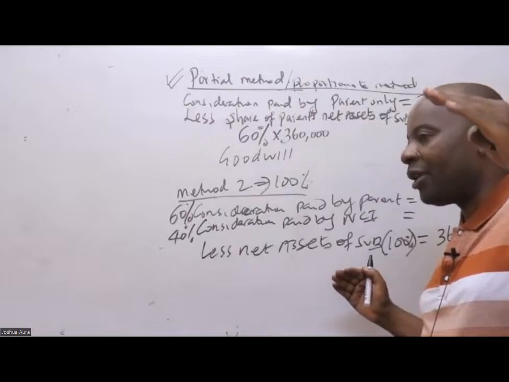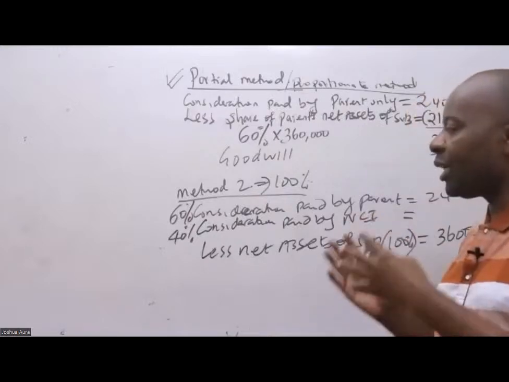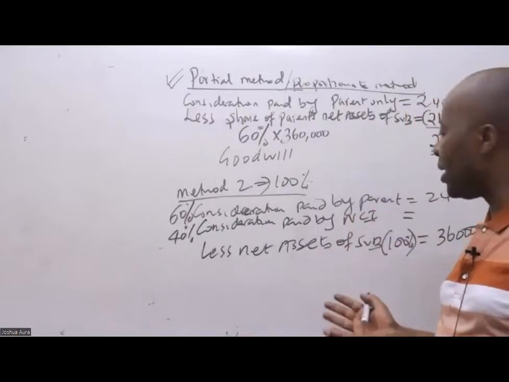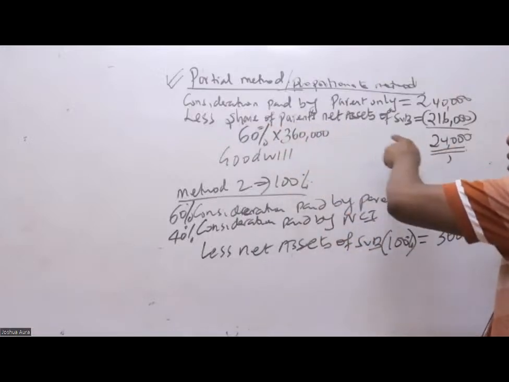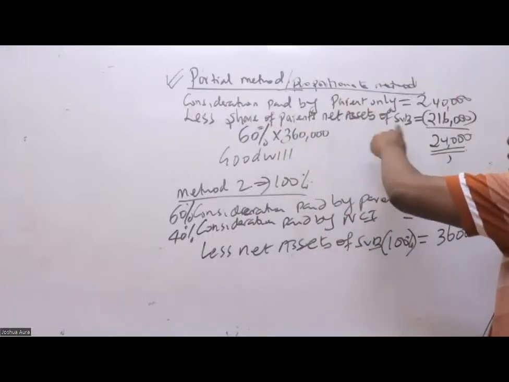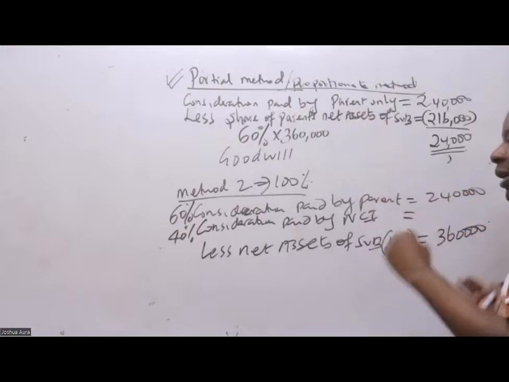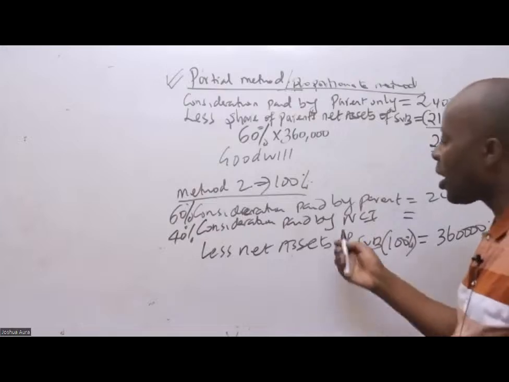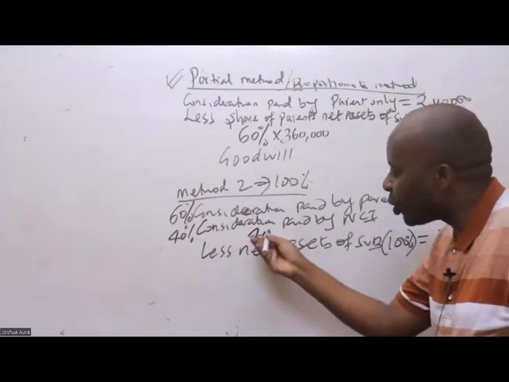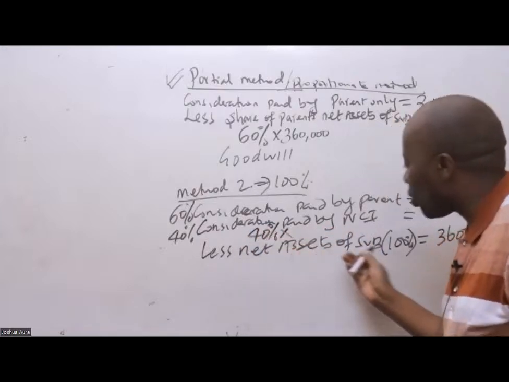Right? Now, if it is the proportionate method, you can't use fair value of NCI. Proportionate method, then take the proportion of NCI of the total net assets.